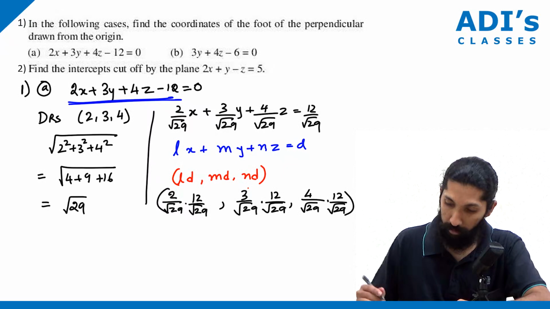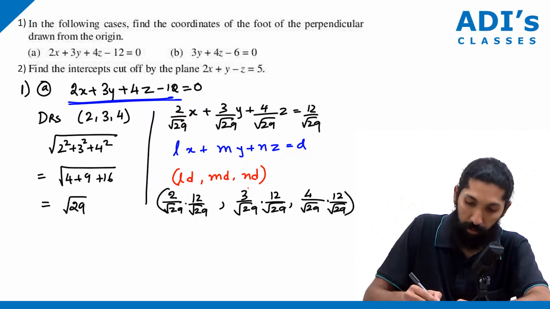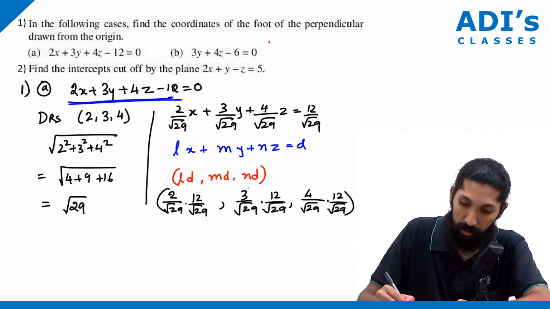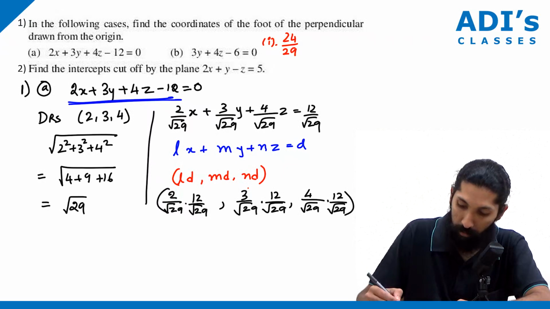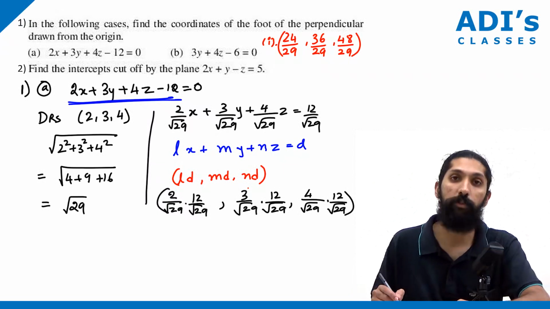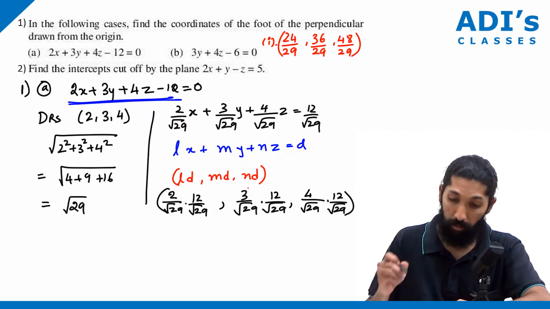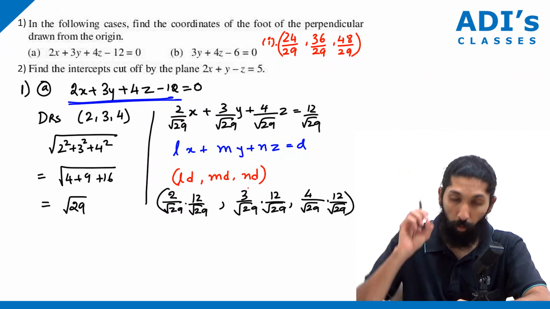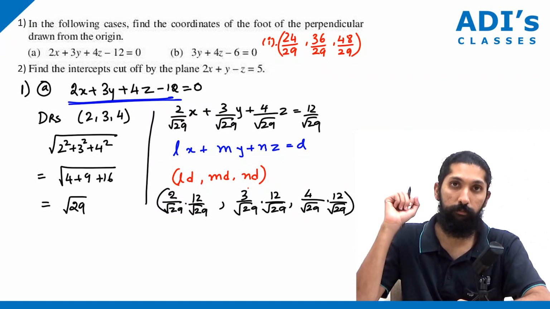Finally, I'll just write down the answer here itself. For the first one, the answer becomes 24 by 29, then 36 by 29, then 48 by 29. This is the answer for the first question. Clear? Now, the second one, I want you to solve by yourself. It's the same logic.